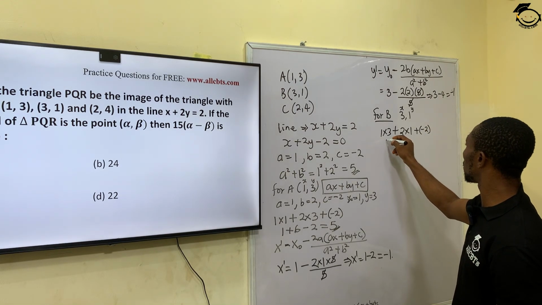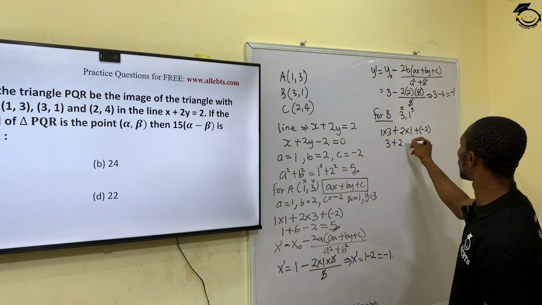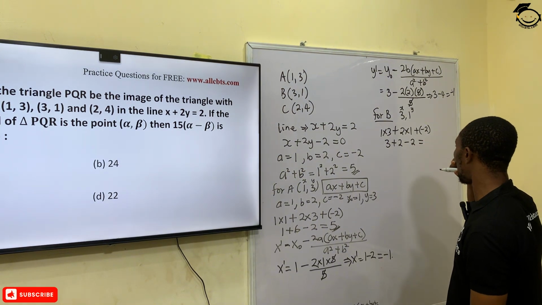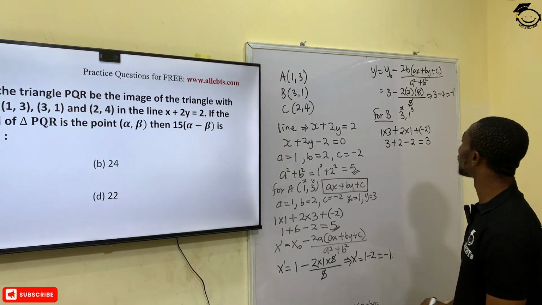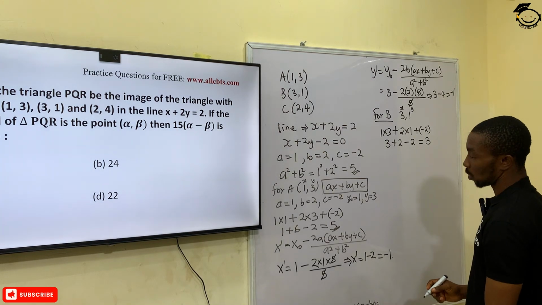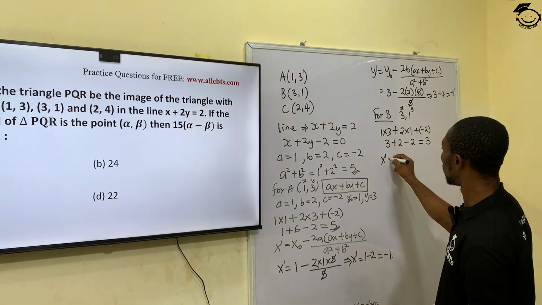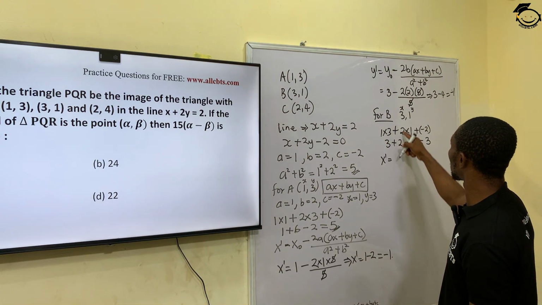So this gives us 3 plus 2 minus 2, which is 5 minus 2, will give us 3.